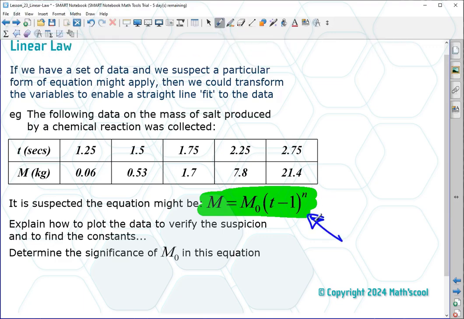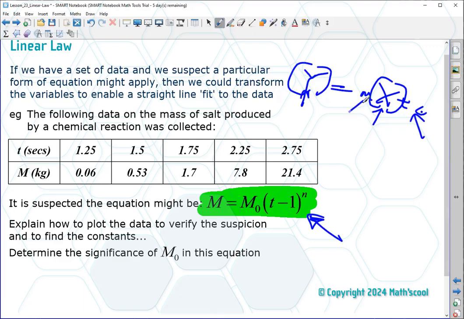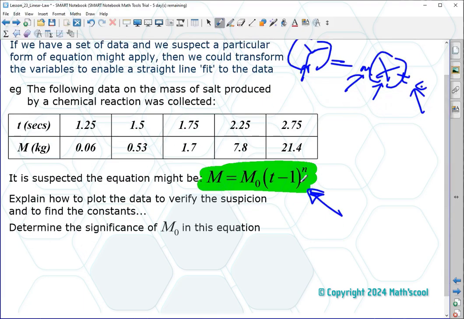So the rule is, we want to get it in the form of y equals mx plus c. Y is going to be boxed off, x is going to be boxed off, only containing variables in there, and only containing the unknown constants out here. Of course, a number like 1, which is a known number, can be anywhere. That doesn't make any difference. So I'm going to log this.